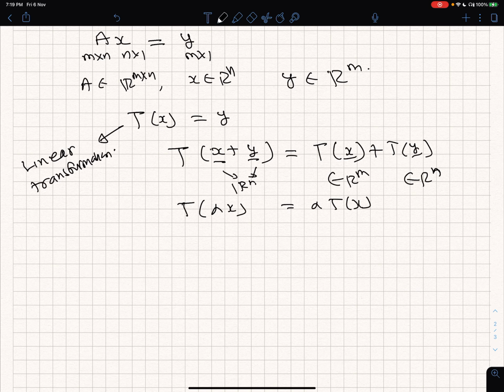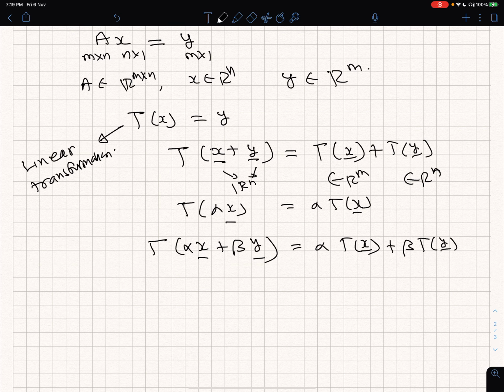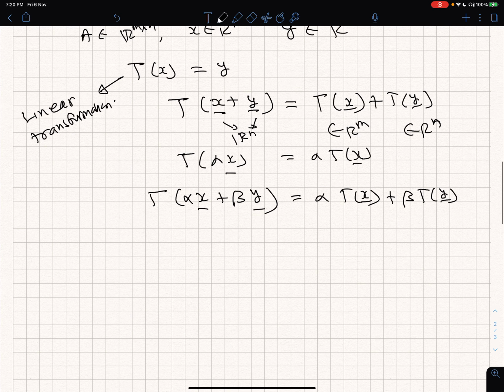So I can generalize the definition of linear transformation: if alpha and beta are scalars and x and y are vectors in Rn, then this superposition property should hold. This is what I call a linear transformation.